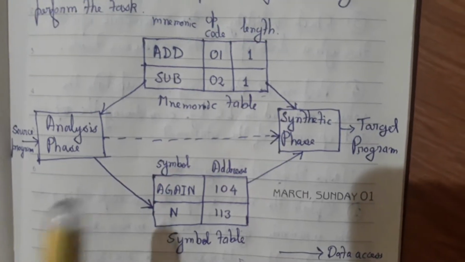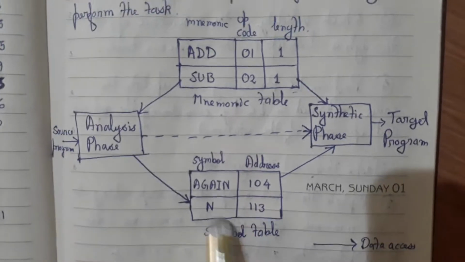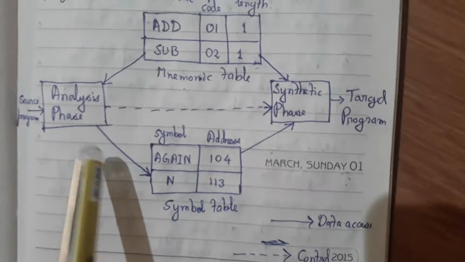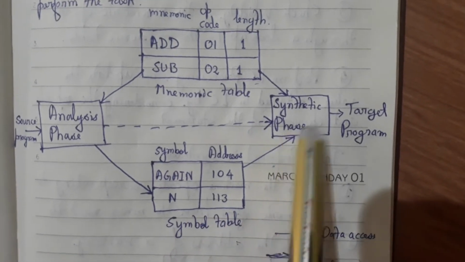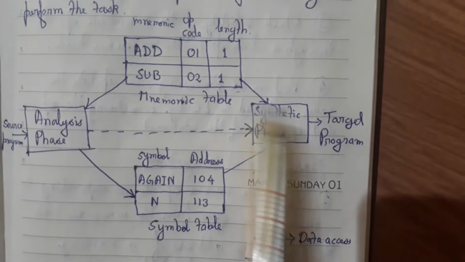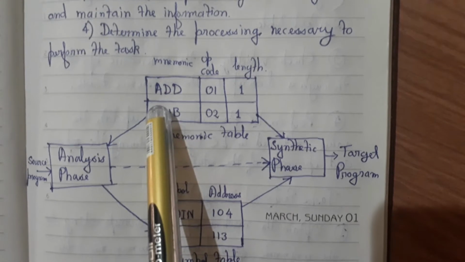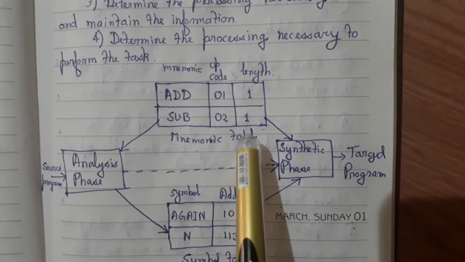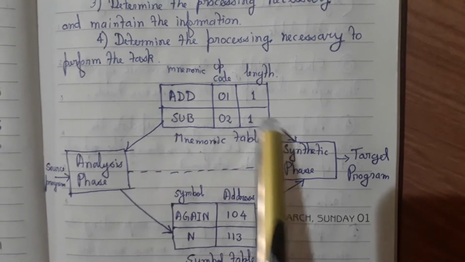It is already there with the assembler, and the symbol table is built dynamically depending on the program you are writing. The analysis space builds the symbol table, and the symbol table is used in the synthesis space. The mnemonic table is used by both the analysis space and the synthesis space, which is why the arrow is in this direction.